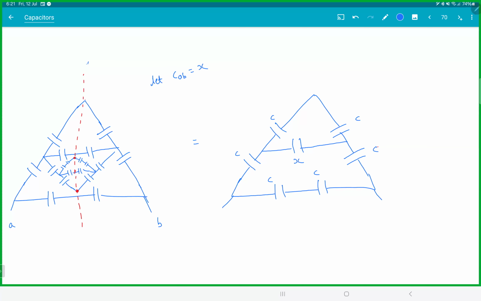You get a quadratic or something like that, you can solve. How much is that? This is C by 2. That is C by 2 plus X. C by 2 plus X and C by 2. C plus X plus C by 2.